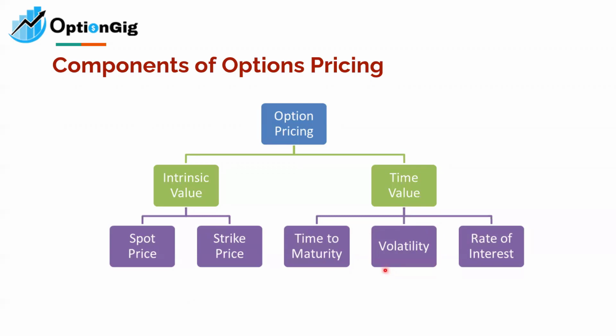If Unity is going to announce earnings today, the volatility will be very high because we don't know what can happen in that earnings. It could be great. It could be really bad. So there's a lot of uncertainty in it. So at a high level, these are the components that impact the pricing of options.